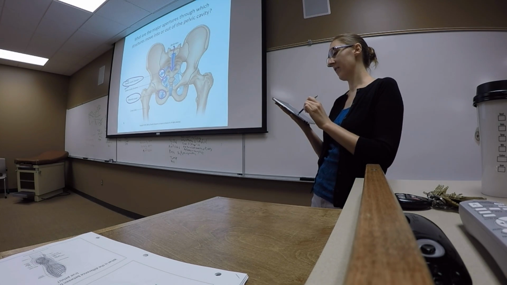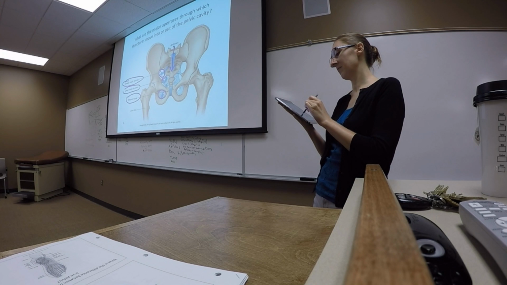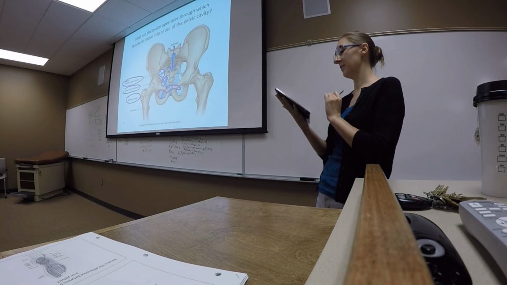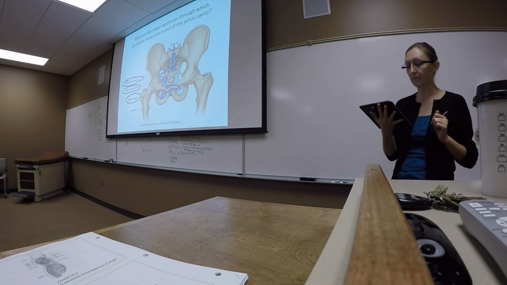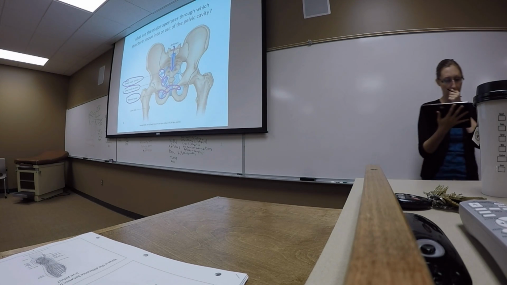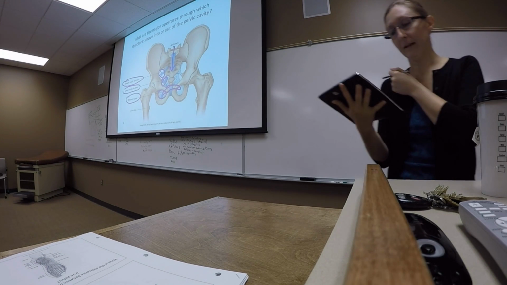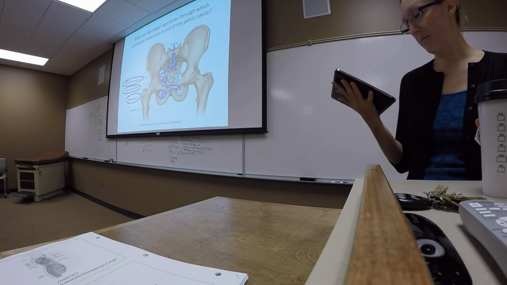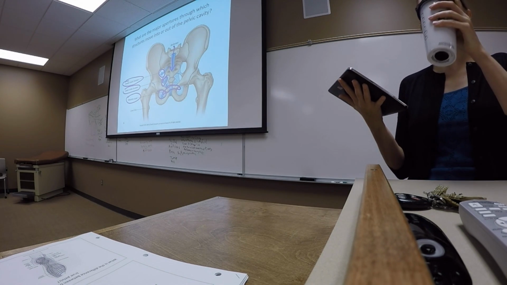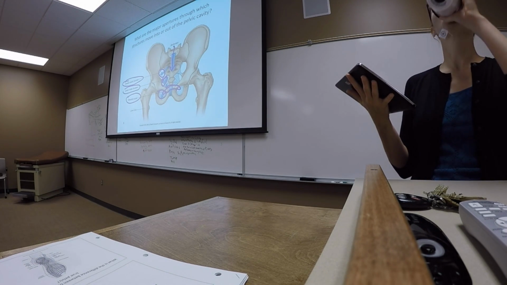And then the lesser sciatic foramen below that ligament. And then here is the pelvic outlet, kind of hiding behind that pubic symphysis. And we'll get to know all of the structures that move in and out of those foramina very well.